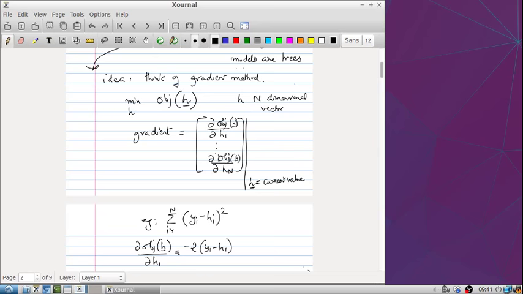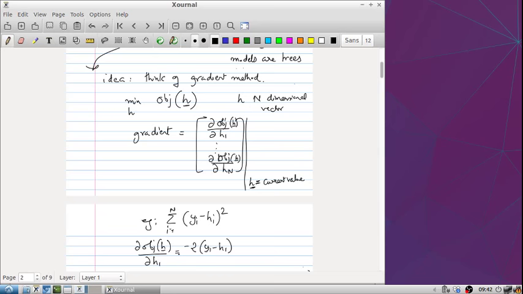Here y is some data, a number, but this depends on h, so I put in the current value of h. Substituting the first coordinate gives you a number. The gradient is a vector of numbers, and to make them numbers and not symbols, you take the gradient at the current value.